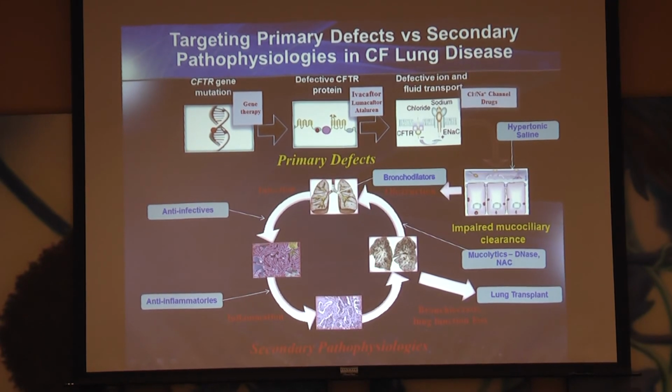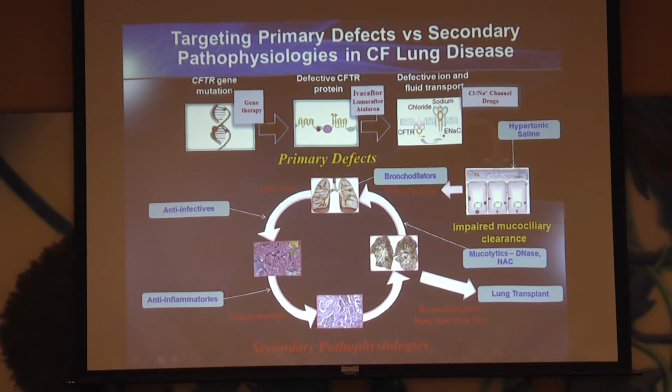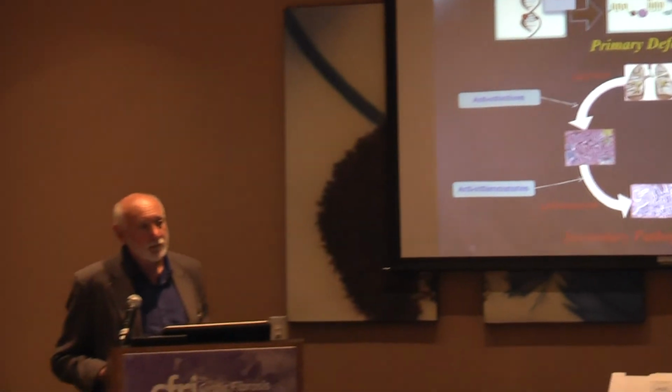Ivacaftor was revolutionary in being able to push that CFTR function up towards that 50% magic number. And so people who are taking ivacaftor now for gating mutations are by and large in control of their disease. We hope that we can do the same with lumacaftor in combination with ivacaftor. My view is that's a first-generation attempt. The others will have to follow, but it is pointing the way to how we're going to do this.